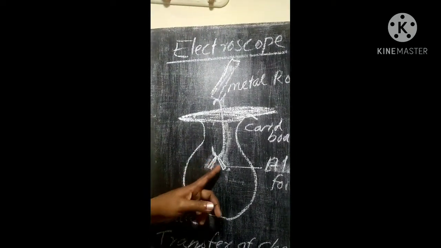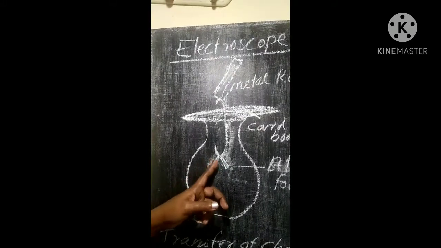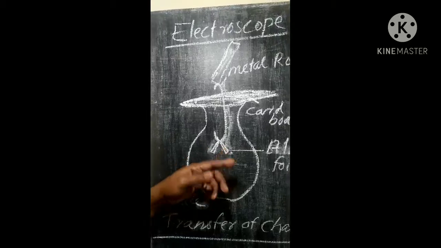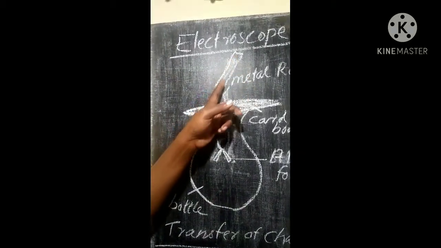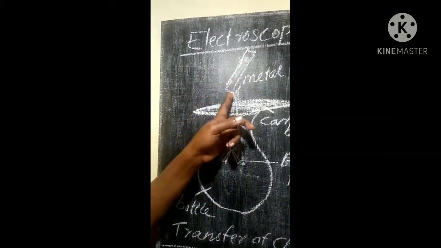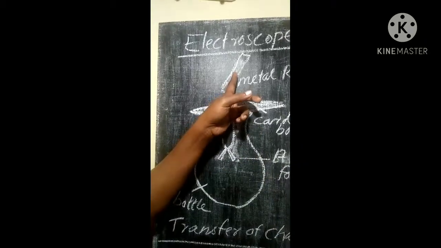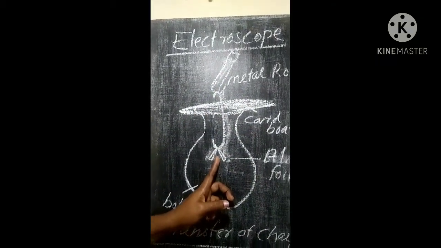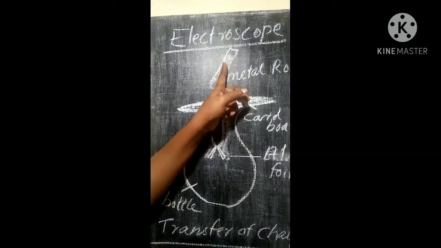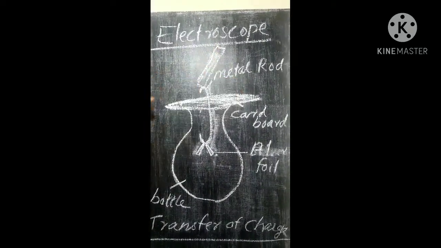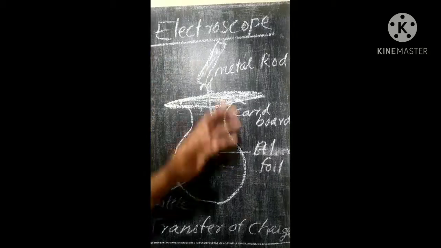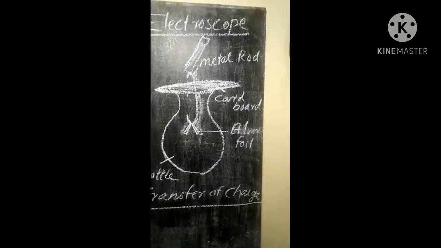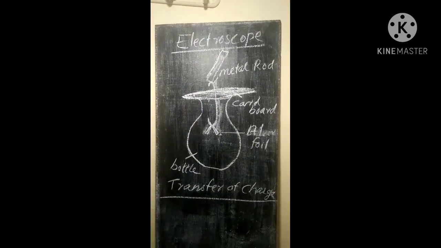So if the strips are moving apart from each other, we can understand that the material in touch with the metal rod of the electroscope is a charged one. If there is no movement of the strips, we say that the object is not charged. This is the way in which we can find whether an object is charged or not, due to the transferring of charges.